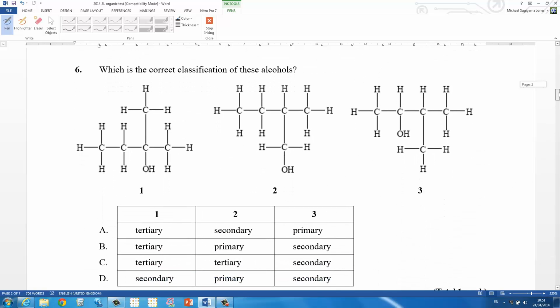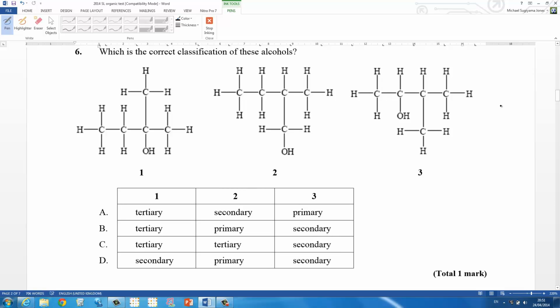Moving on to question 6. And you have to identify if these alcohols are primary alcohols, secondary alcohols, or tertiary alcohols. So you look at the carbon, which is joined to the OH group. And then you look how many other carbons are joined to this carbon. So that's got 1, 2, 3. So that's tertiary.